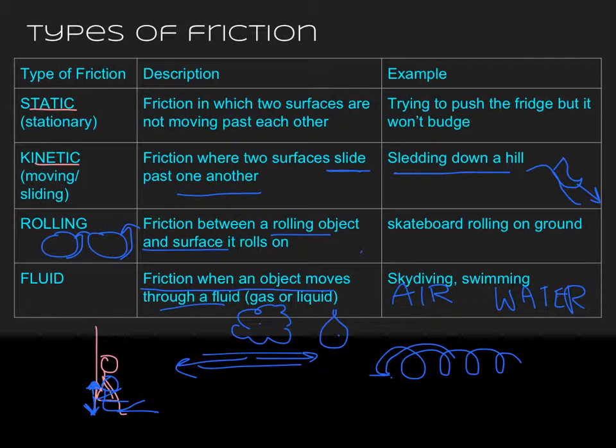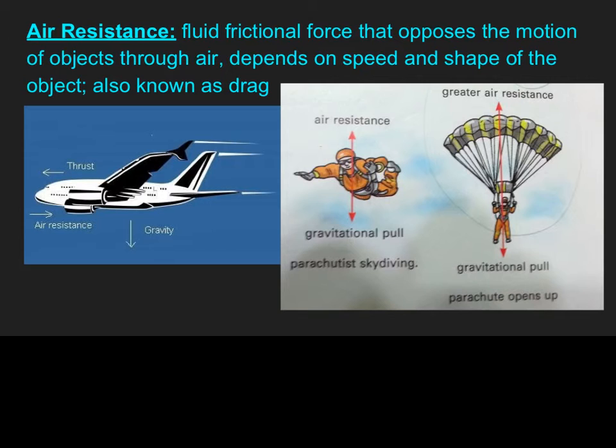But anytime you have an object that is moving through a fluid, gas or liquid, that's called fluid friction. So one type of fluid friction is air resistance. Fluid frictional force that opposes the motion of objects through air depends on speed and shape of the object. Air resistance is also known as drag.